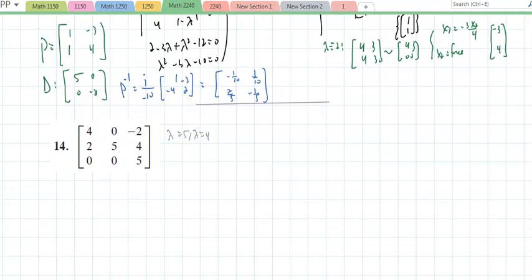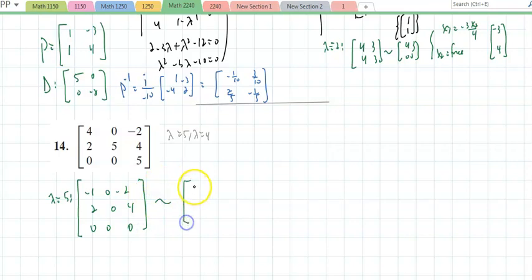If I start with lambda equal 5, that would mean negative 1, 0, negative 2, 2, 0, 4, 0, 0, 0. If I take A minus lambda I and row reduce this, that will be 1, 0, 2, 0, 0, 0, 0, 0, 0.